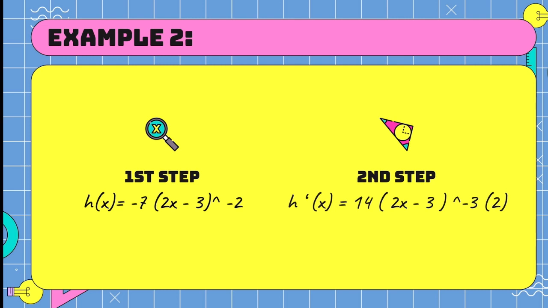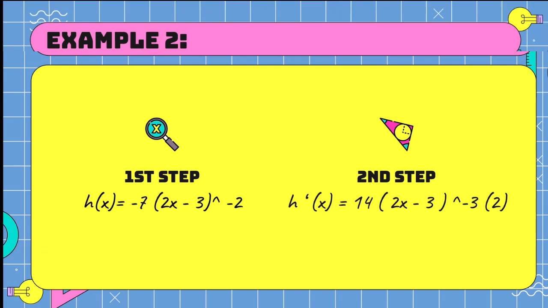So 14, and then we'll put the exact same inside function, which is 2x minus 3, and then to the power, the same power but minus 1. So negative 2 minus 1 is negative 3. So it's now 14 times (2x minus 3) to the power of negative 3, and then the derivative of the inside function, which is 2. So the derivative of 2x minus 3 is 2.